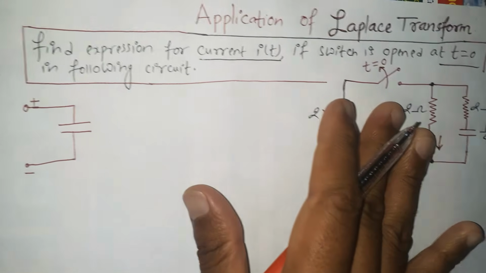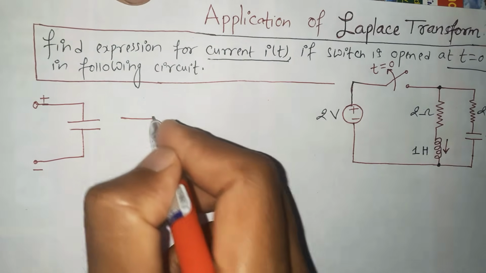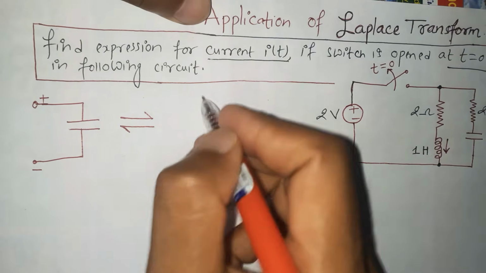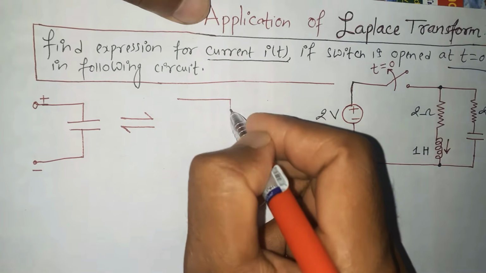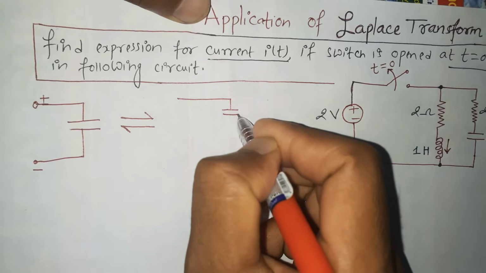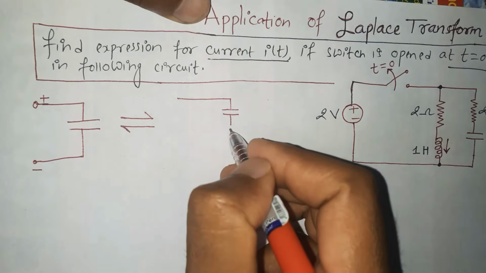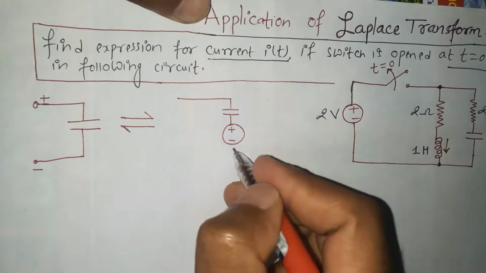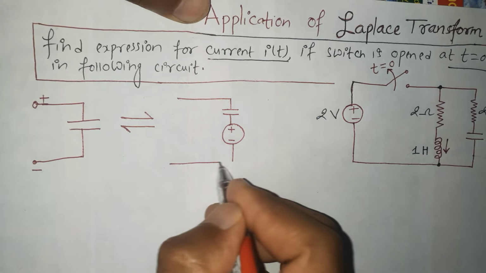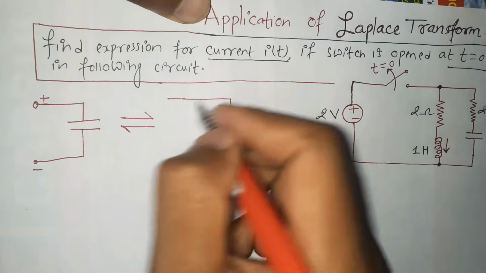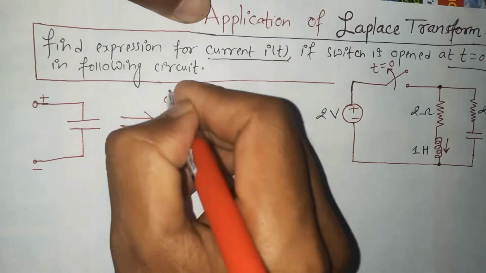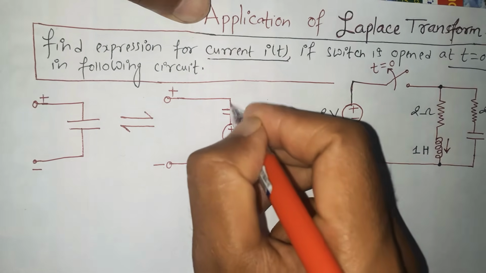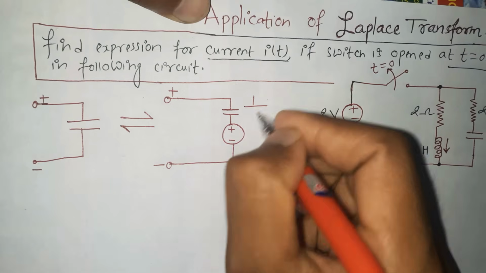This capacitor in the time domain is equivalent in the S domain or Laplace domain to the capacitor as it is, and we have to give one extra voltage source here in series. This is the equivalent S domain circuit. This is positive, this is negative, and the capacitance will be 1 over Cs.